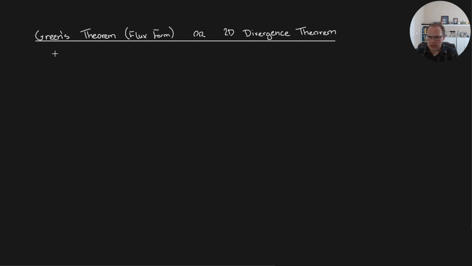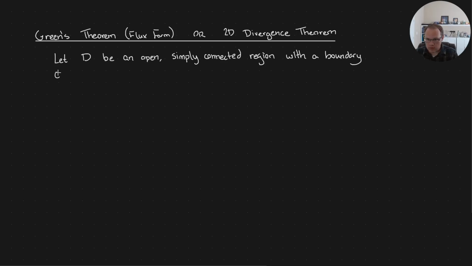Okay? So let's let D again be an open, simply connected region, with a boundary curve C, that is a piecewise smooth, simple closed curve.